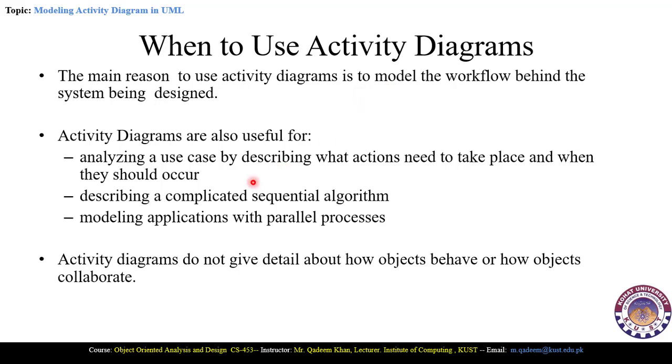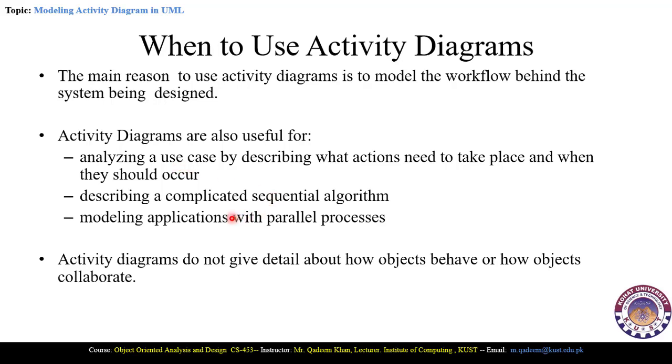An activity diagram is very useful for analyzing use cases, which are used to define the actions that need to take place and when they should occur. So when we want to analyze the use case, and the use case contains multiple actions which will be called or executed, analyzing the use case by activity diagram is very useful.